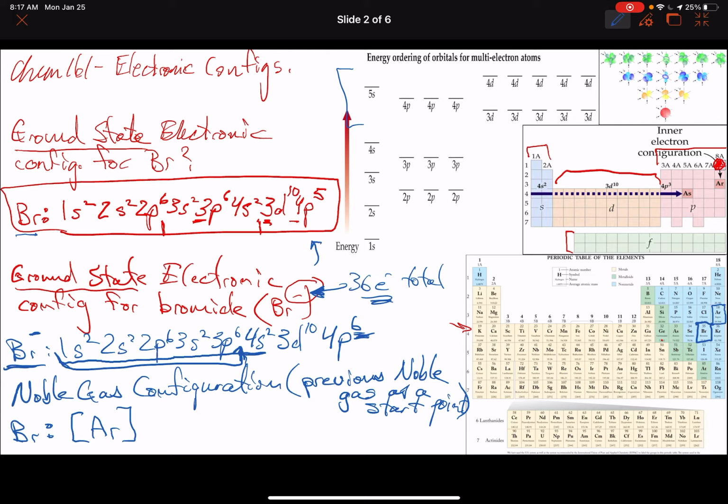Okay, perfect. So then now we can continue the exercise. So we've started at argon. We go to the fourth row, so we know that we have to list 4s2, 3d10, and 4p5 if we're doing the neutral bromine. Okay, so that's how we use a noble gas core as a starting point to help us with shorthand for this same configuration information.